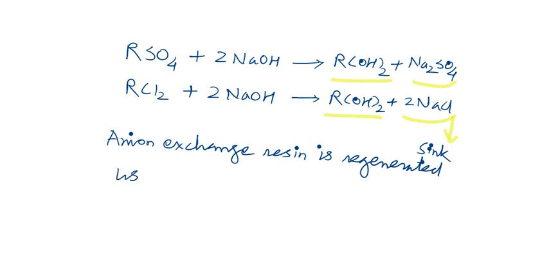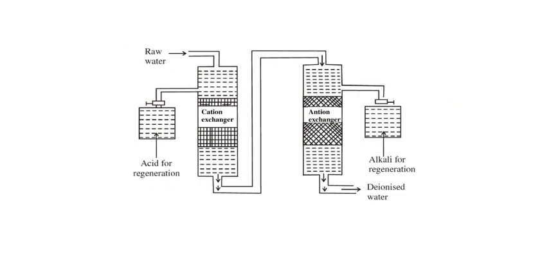And both the resins are ready to be reused for softening next water. So this is all about the cation exchange and anion exchange resins. Now here we can see the schematic diagram of an ion exchange resin plant.